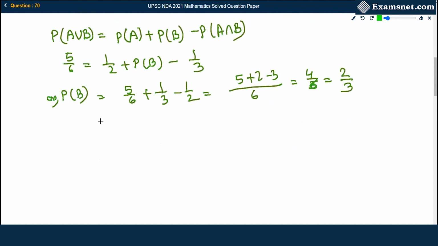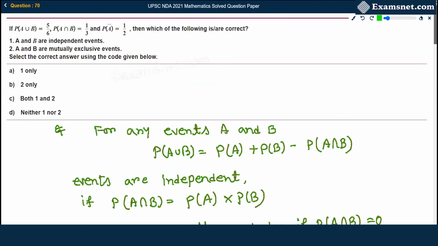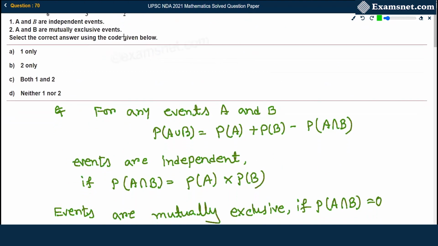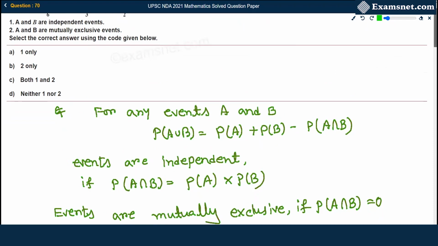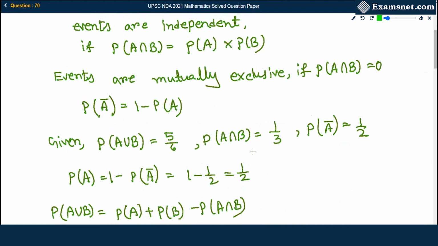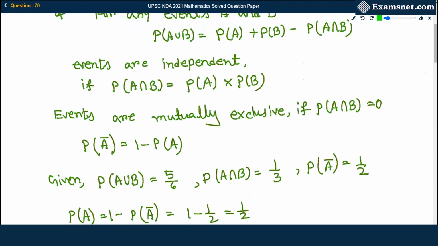Now it's given that, okay, so let's check the first one. First one, if A and B are independent events, right? Since it's already been given that probability of A intersection B is not equal to 0, we already know that if events are mutually exclusive, then probability of A intersection B should be 0.